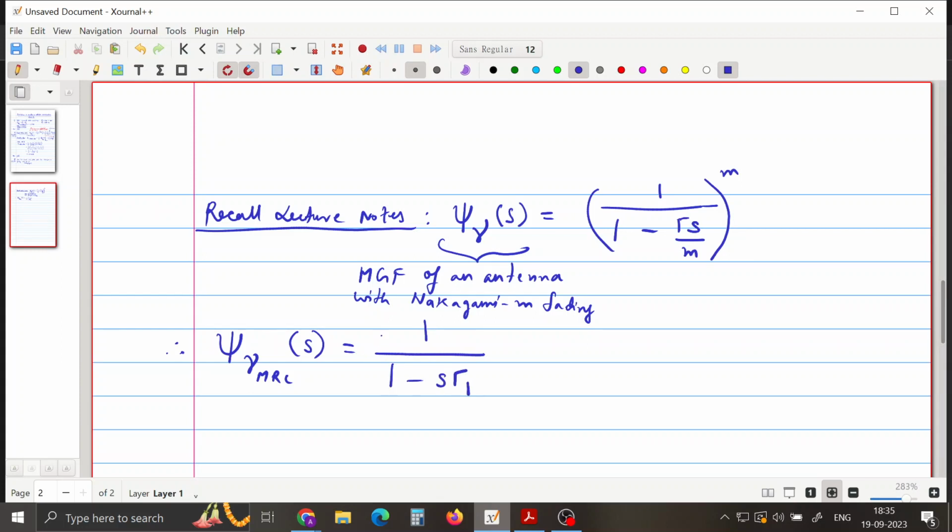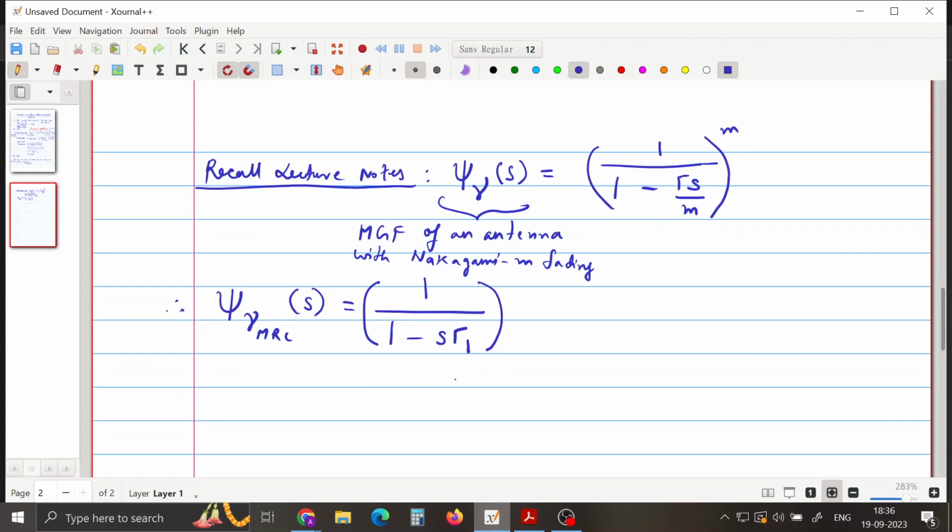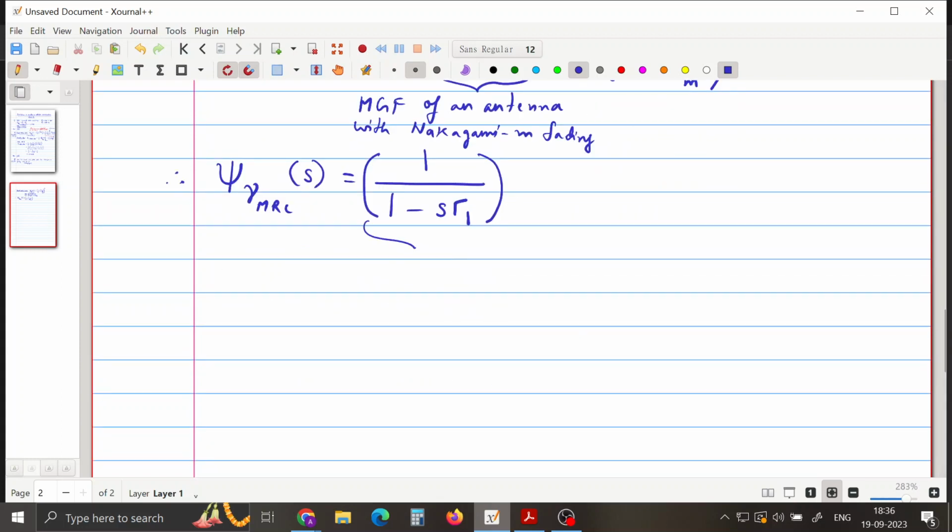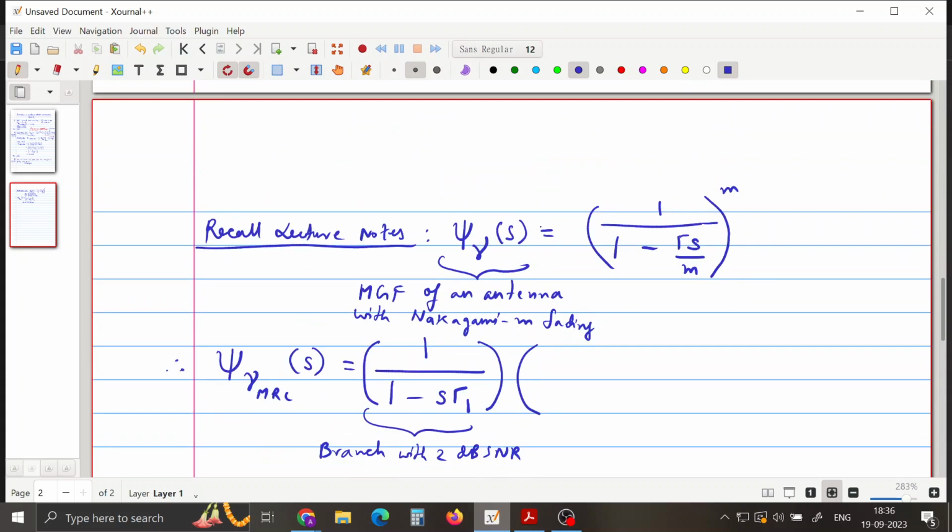So this is the normal one, which is not the Nakagami. This is the other branch, the 2 dB SNR branch, times this Nakagami m branch, which is 1 by 1 minus s times gamma 2 divided by small m, whole to the power m.